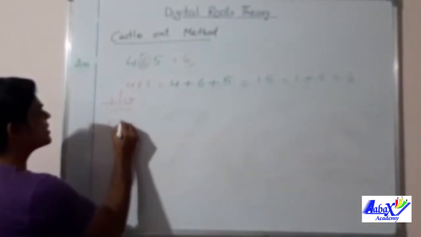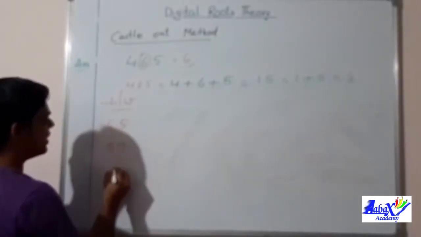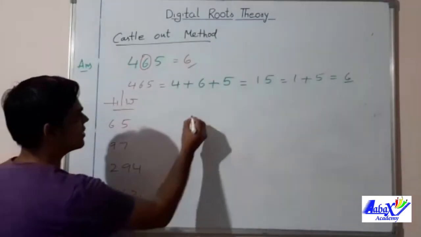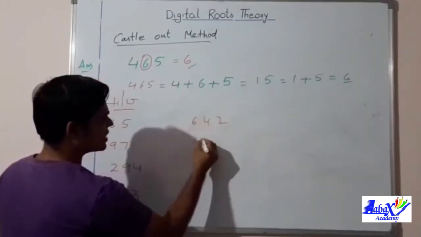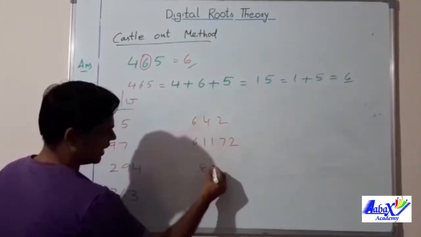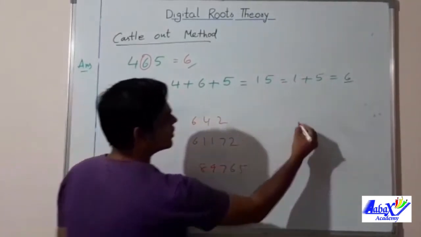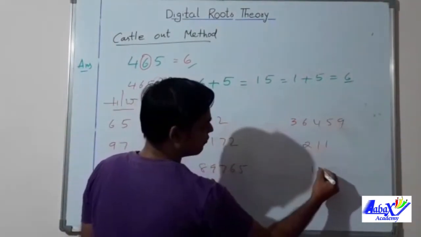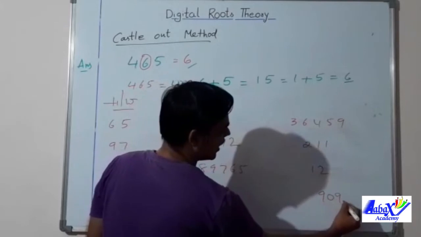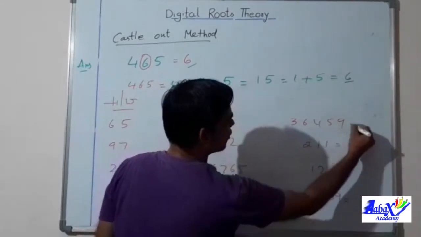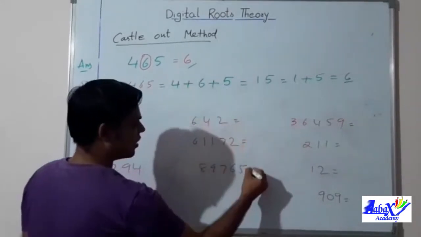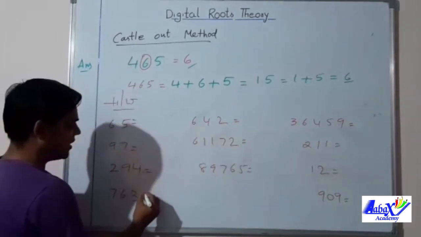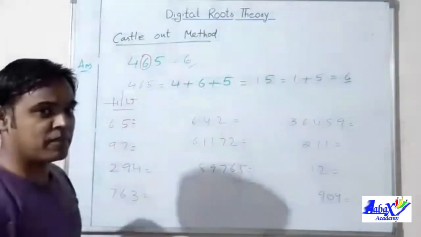So the sums are 65, 97, 294, 763, 642, 61172, 89765, 36459, 211, 12909. These are your homework sums. Make sure, homework is very important. So solve it. I hope you understand my method.